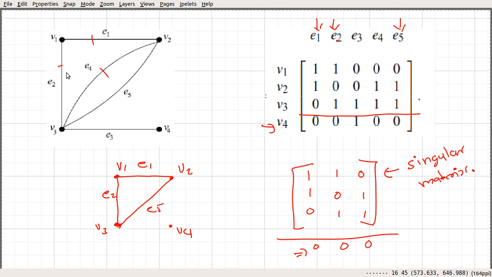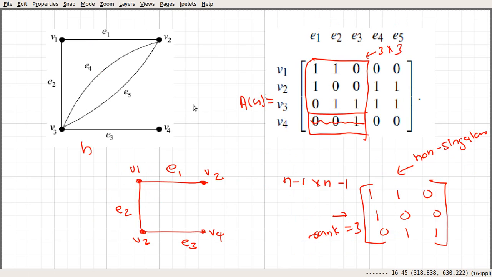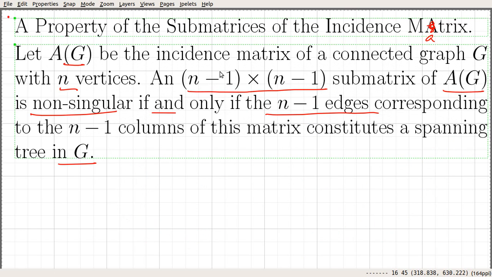So that says if you consider an n minus 1 by n minus 1 submatrix, for this example a 3 by 3 submatrix, that is not invertible, then the subgraph won't correspond to a spanning tree. So that's what this statement says.